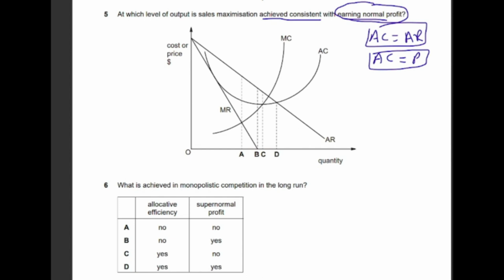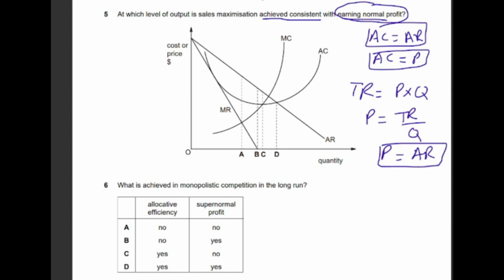And why is average revenue always equal to price? You can use the formula to find it. For example, we have a formula for total revenue. Total revenue is equal to price multiplied by quantity, right? So if we want to find price, then price is equal to total revenue divided by quantity, and when we divide total revenue by quantity, that is also known as average revenue.